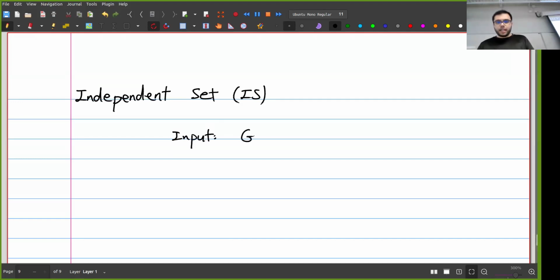So the input will have a graph, let's call it G, with vertex set V and edge set E, and this is an undirected graph. Because I want to have a decision problem, I'm not going to ask you to give me the largest independent set. I'm just going to give you a number K and ask you, is there an independent set of size K? So my input will contain a graph, and it will also contain some number K.